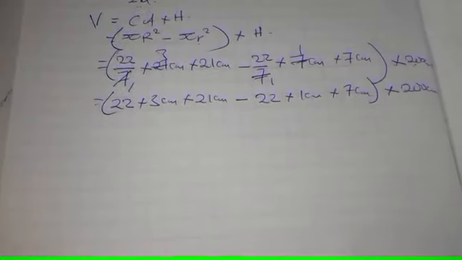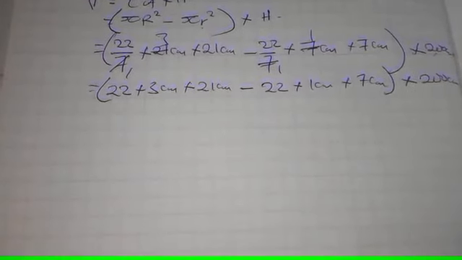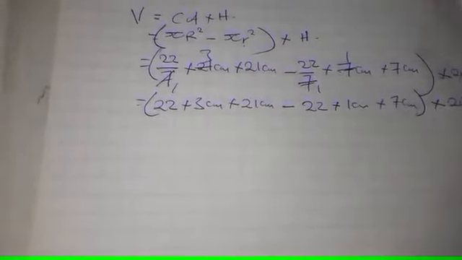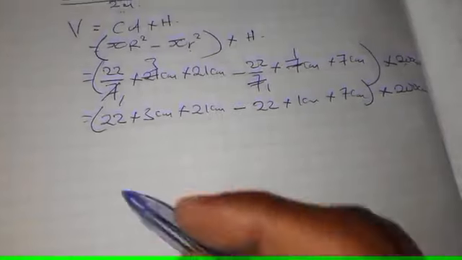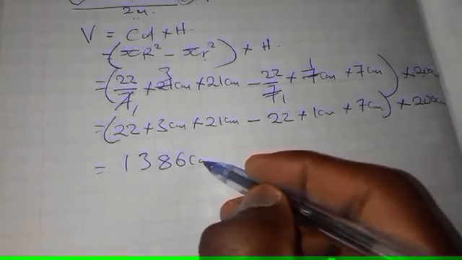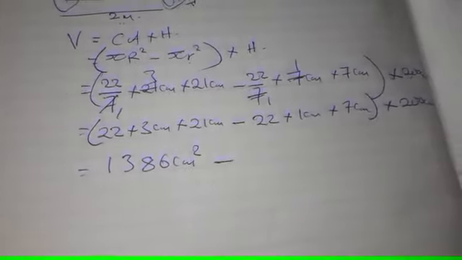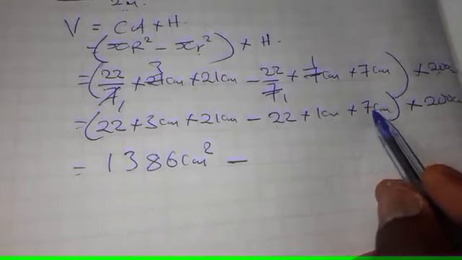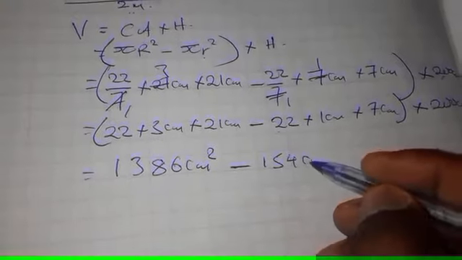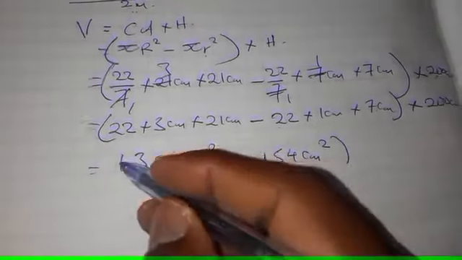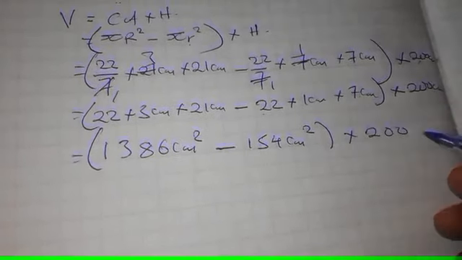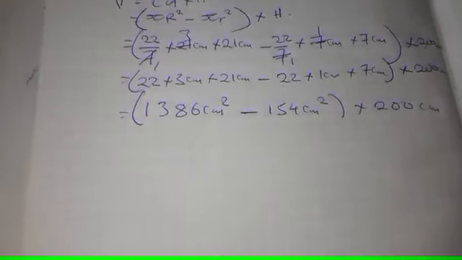So 22 times 3 centimeters times 21 centimeters is going to give us 1,386 square centimeters, minus 22 times 7 centimeters times 1 centimeter, that's 154 square centimeters. That one you multiply by the height, which is 200 centimeters.